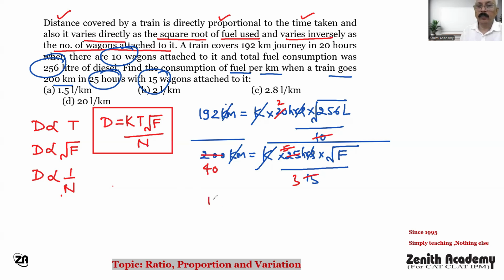So this finally becomes 192 upon 40 is equal to 3 2 into 3, and this is equal to 16 square root of 256 upon F.